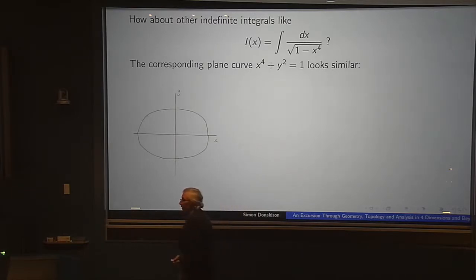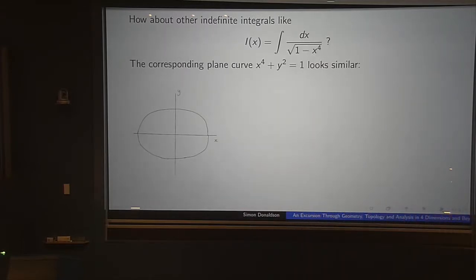So that's familiar, probably, calculus, but it's obvious to ask what happens if we try other similar-looking formulae. What happens if we try to integrate 1 over the square root of 1 minus x to the 4th? Could we do that?